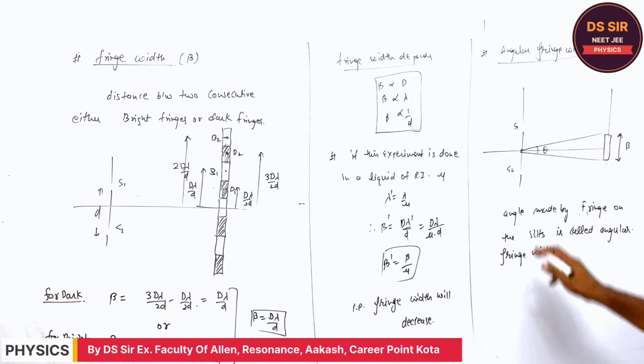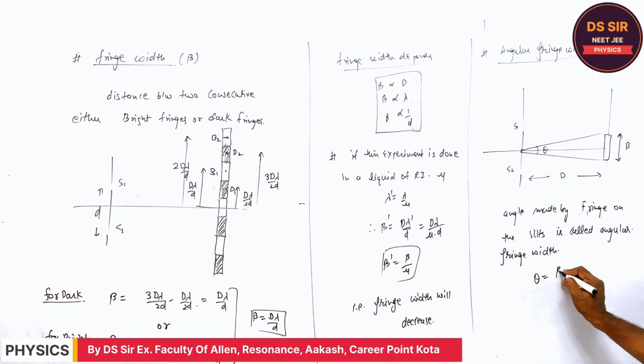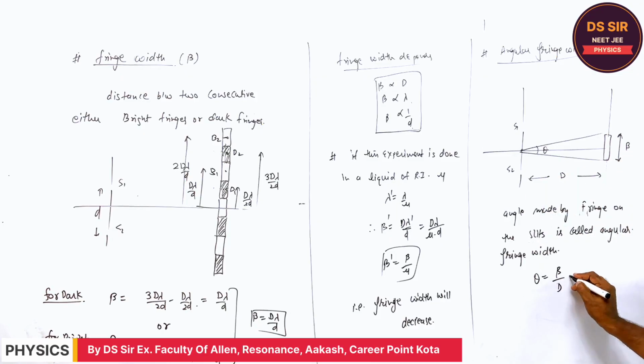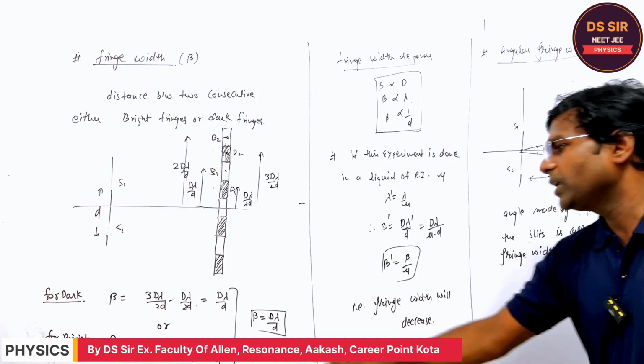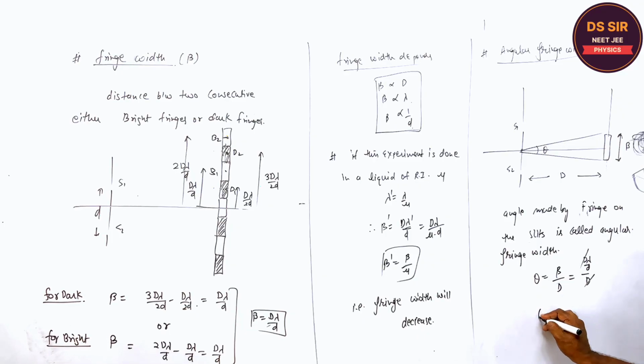Is it clear or not? So theta is equal to arc upon radius, that is beta over capital D. Beta is lambda D over d, divided by D. So theta is equal to lambda over d. So this is the angular fringe width. Do you understand or not? So it depends upon the wavelength of the light.